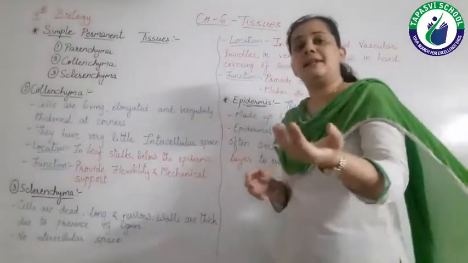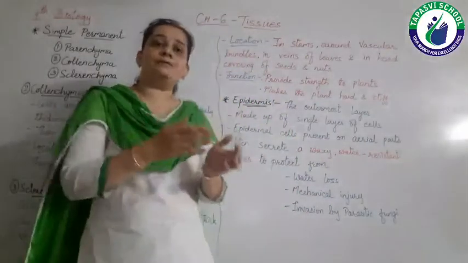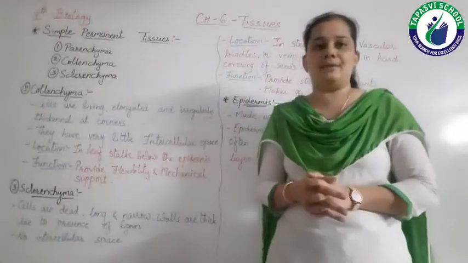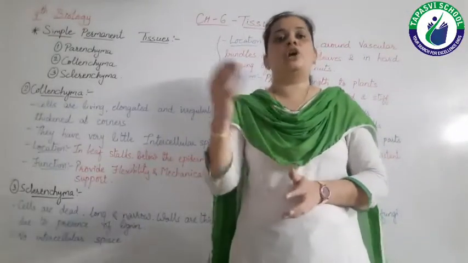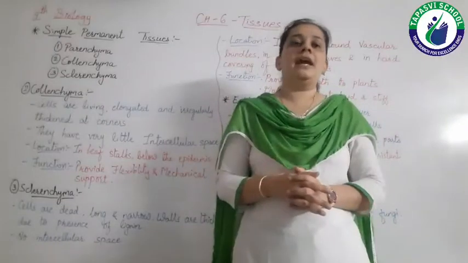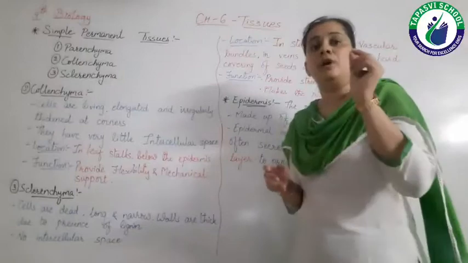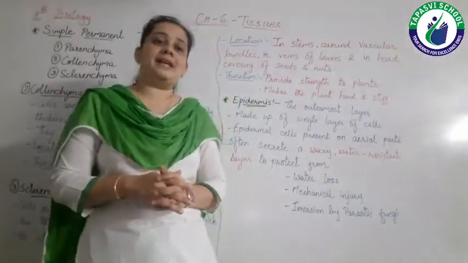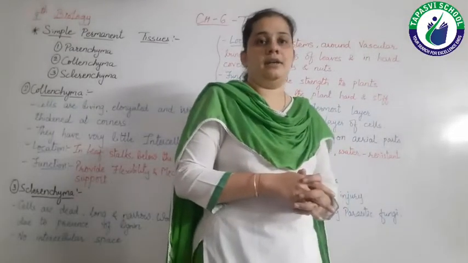Okay, then we studied about the two types of parenchyma, that is if any tissue is having chlorophyll inside them, then this type of parenchyma is known as chlorenchyma, okay. And the aquatic plants have air cavities inside them. So this type of parenchyma is known as aerenchyma, right?